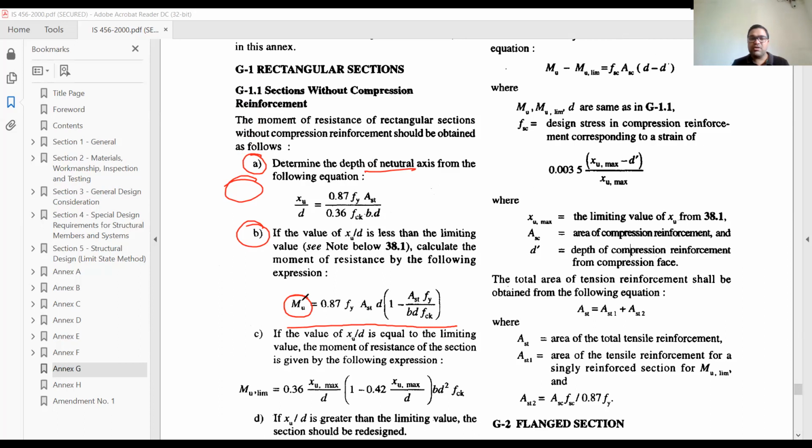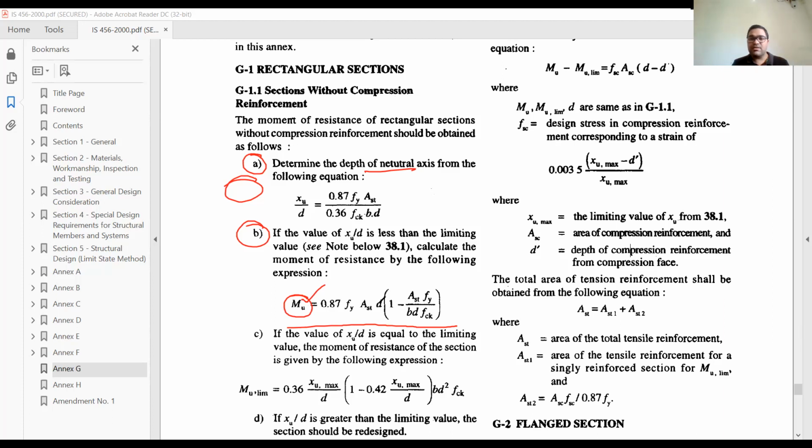Now in our case, we already have the value MU, which we calculated in the previous step as the maximum bending moment. So MU is already known and we can use this relation.